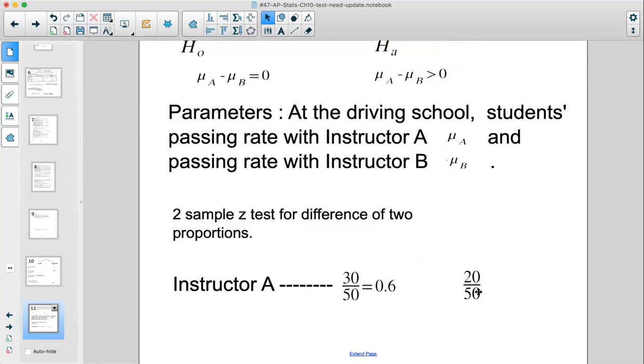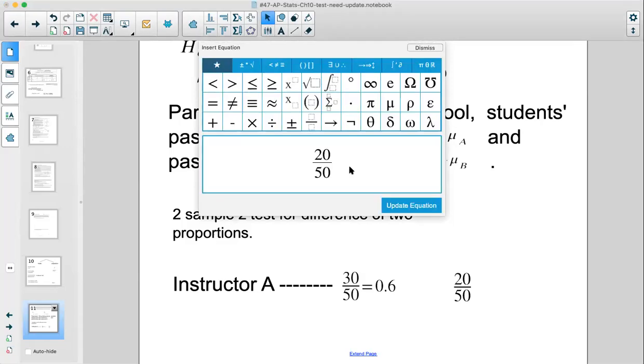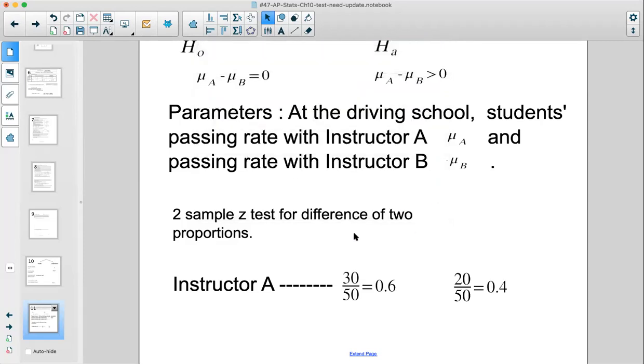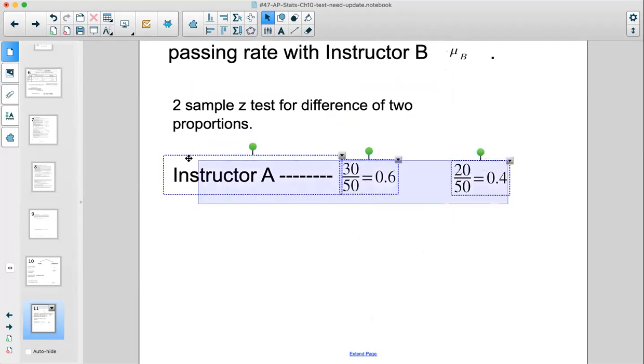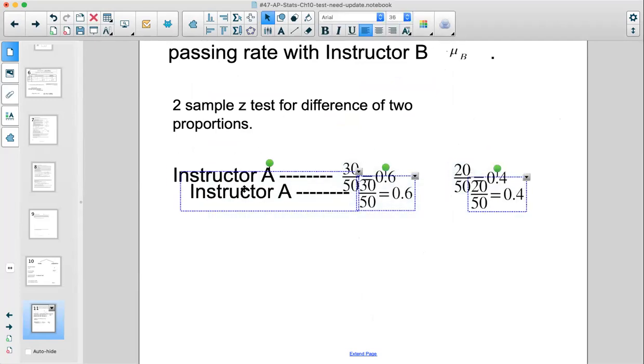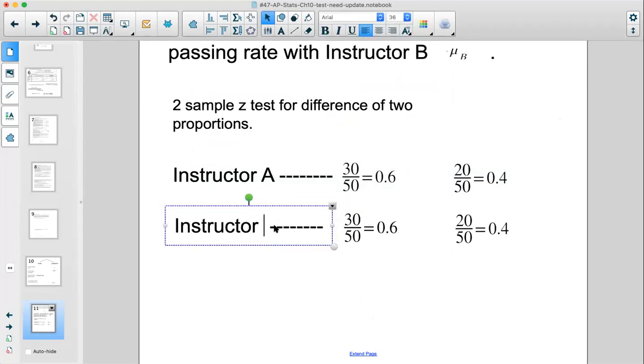So this is 0.4. After B, maybe I pause the video and before I start the next video, you can just go on and solve it yourself. And I will create another video for the next half.